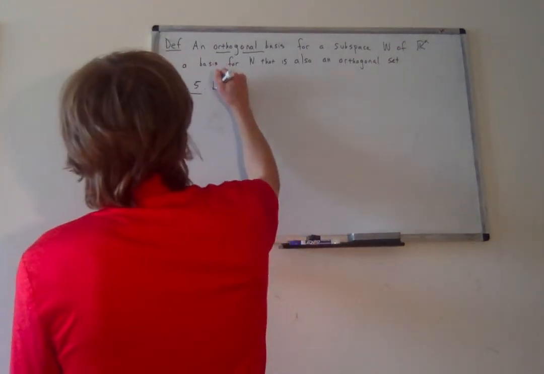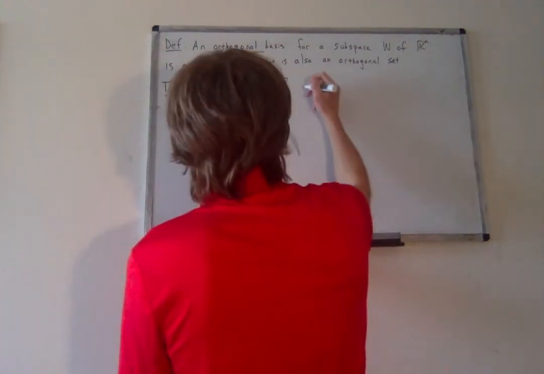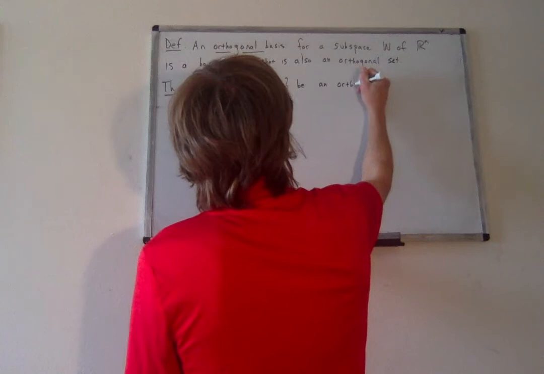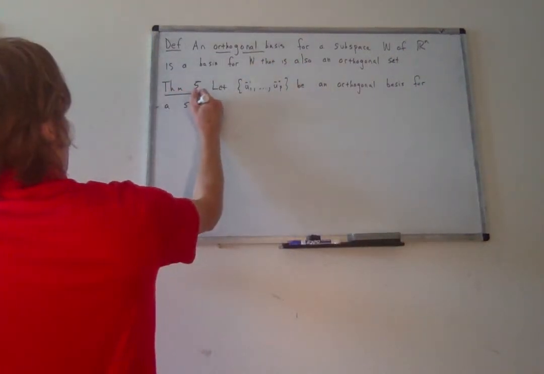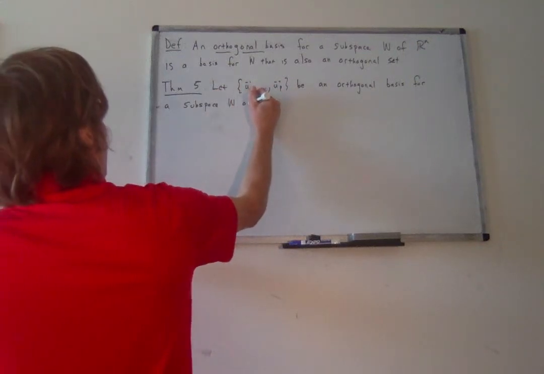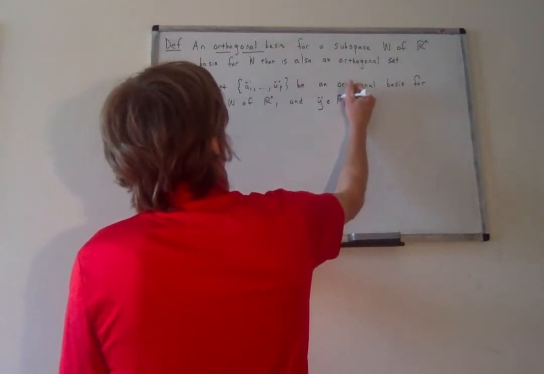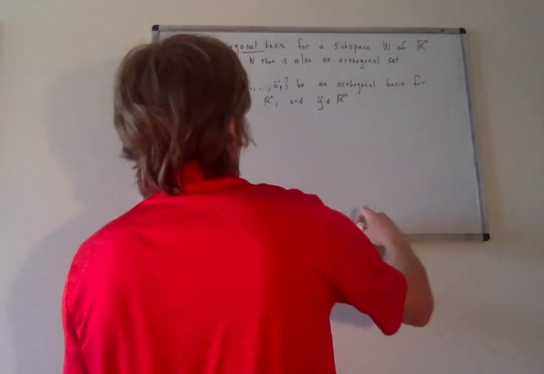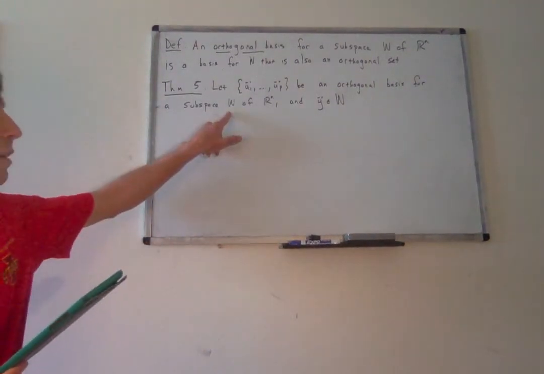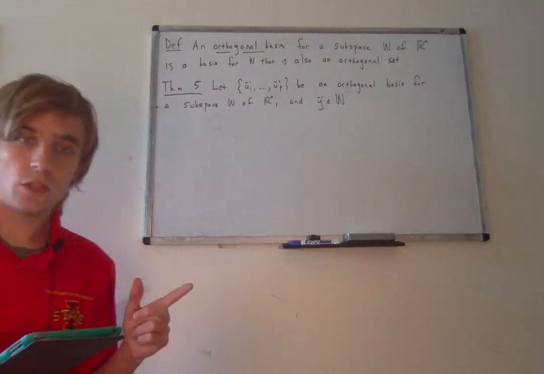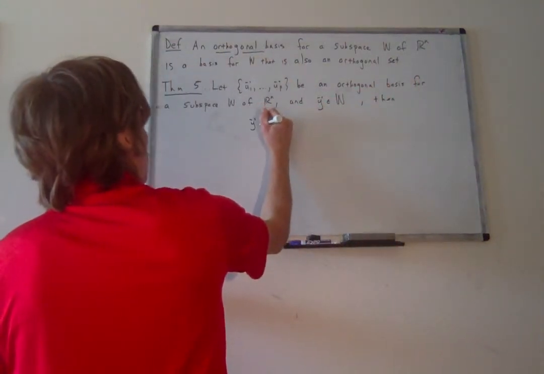What that means is that if we've got some orthogonal basis u1 through u sub p of any subspace W of Rn, and we take any vector y in W (of course, y is also in Rn, but we have to specify that y is in the set for which this is a basis), then since this set is a basis, we know that y can be written as a linear combination of the vectors in this set.